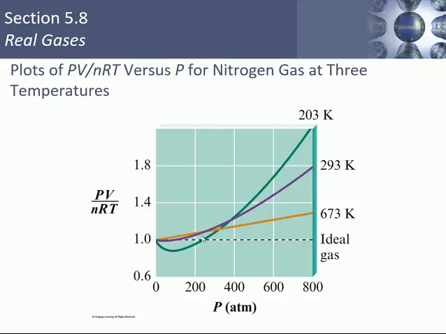What we want to pay attention to is that the colder temperature, 203 Kelvin, moves away from ideal behavior faster than the other two temperatures, and the higher temperature, 673 Kelvin, remains closer to ideal behavior than the other two.